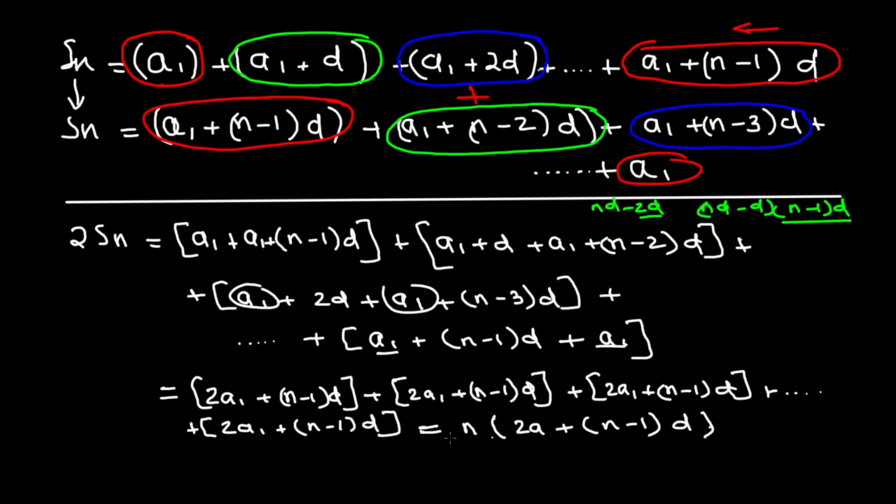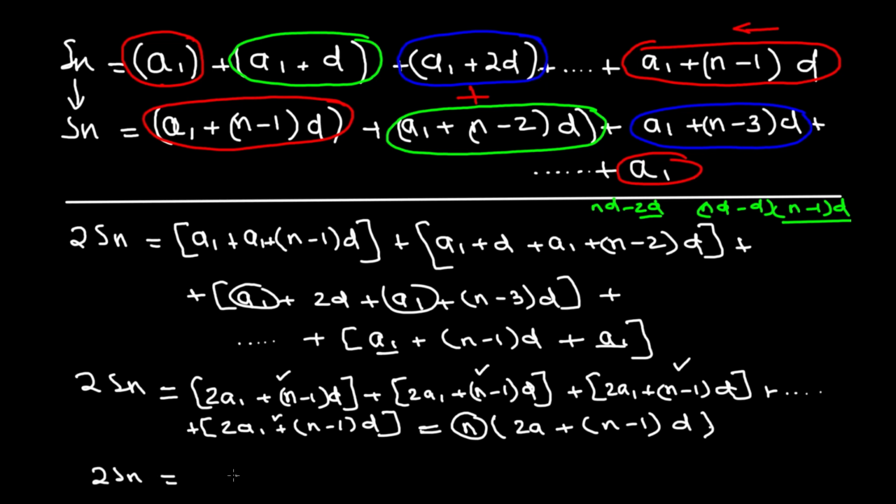So this gives us the whole set. If we were to count all the terms, there will be n. And we are seeing that this is repeating. This is the same, this is the same, that is the same, right? But we must remember that this was 2Sn.